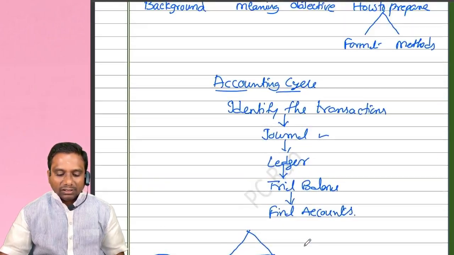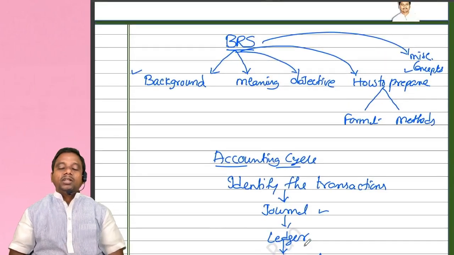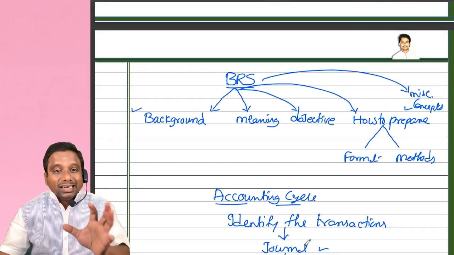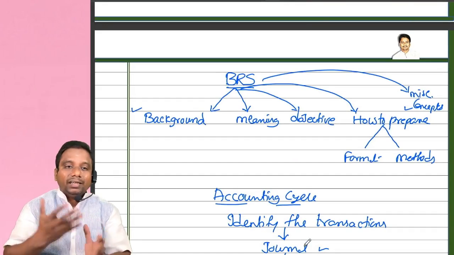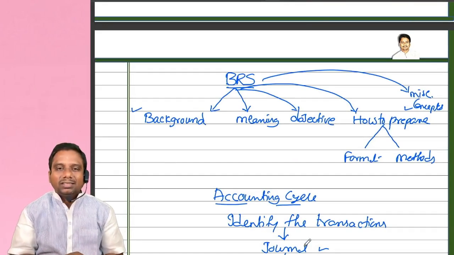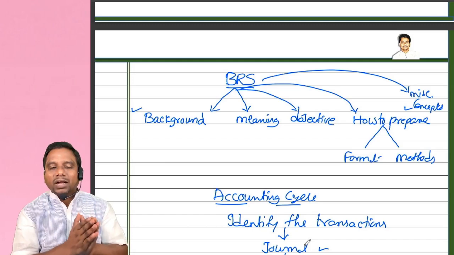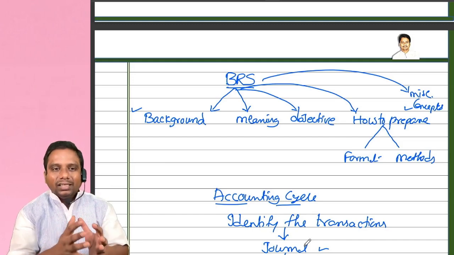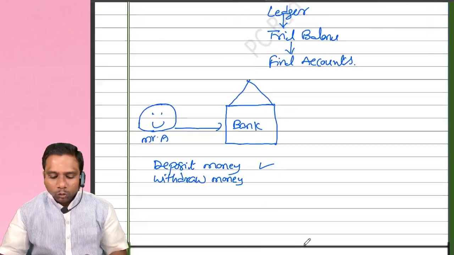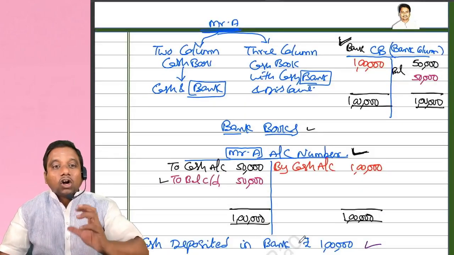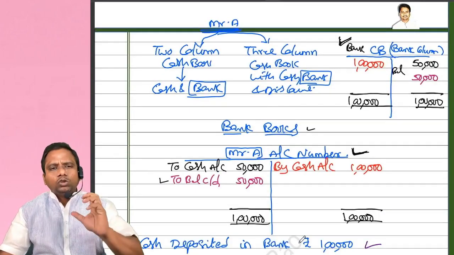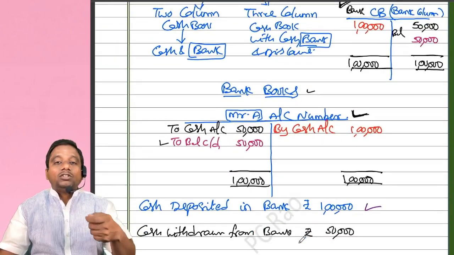A bank reconciliation statement is a technique. Preparation of a bank reconciliation statement is a technique to know the causes. Why this difference? What is the reason?